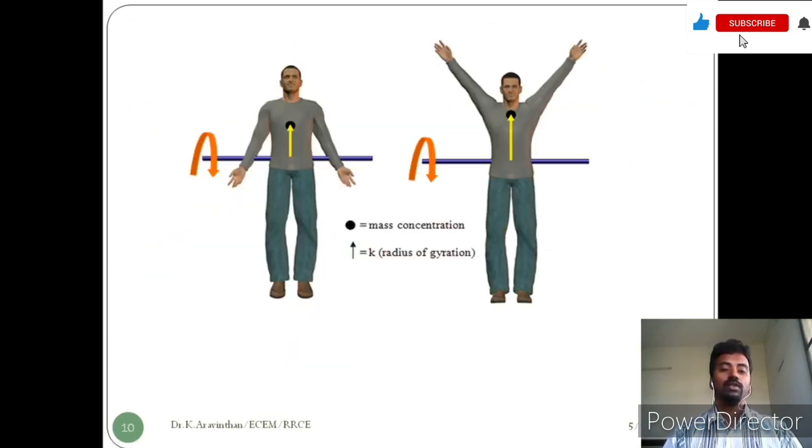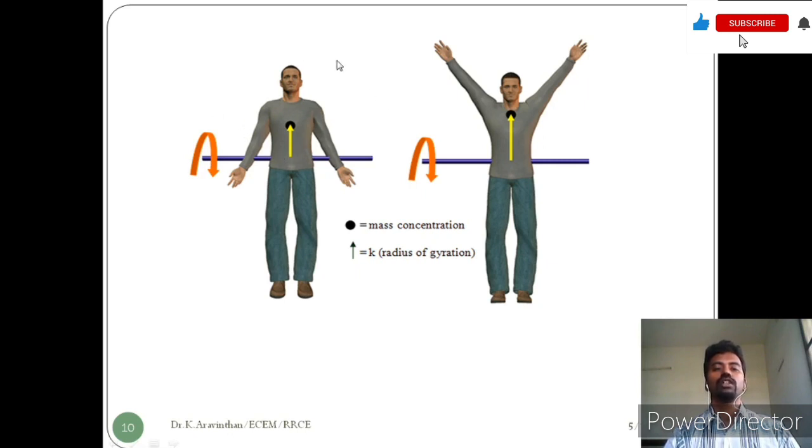You can understand this concept by this example. Note that this is a human and his centroid is acting at the rib part. If he stretches his arms, note that his radius of gyration has a greater distance. The radius of gyration is the distance from the centroid towards the center point of the top portion.